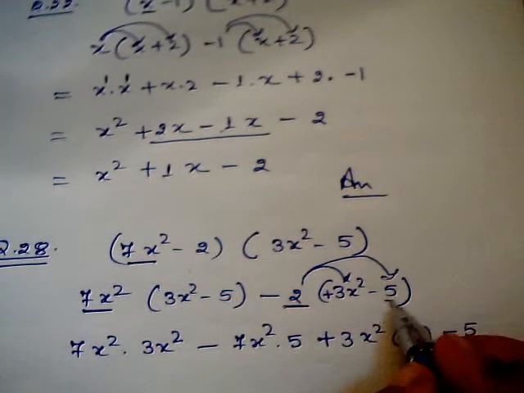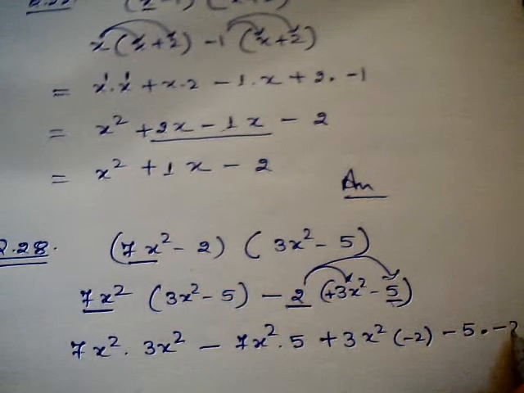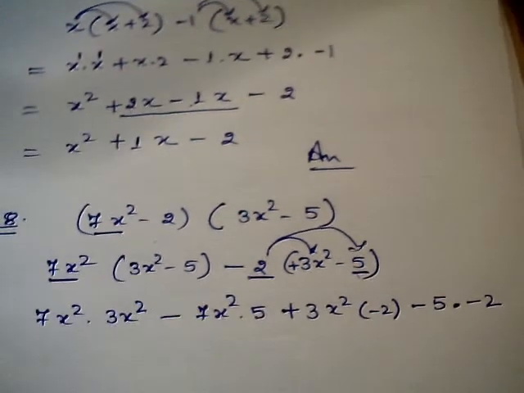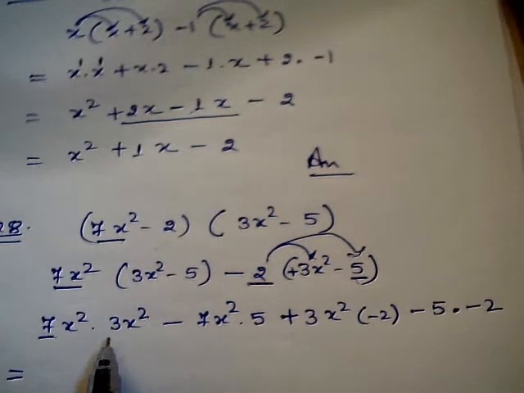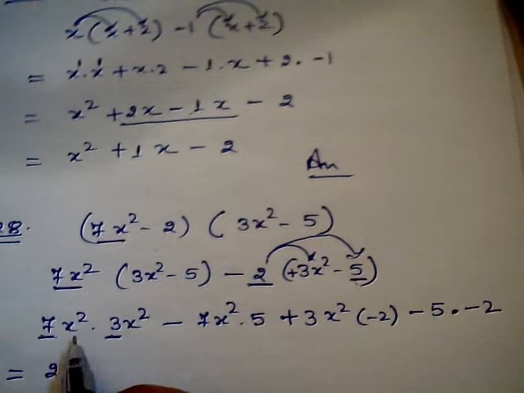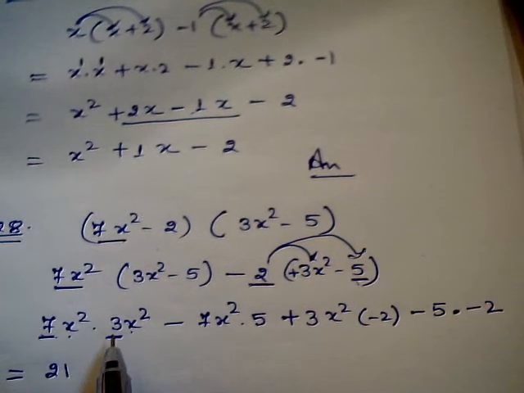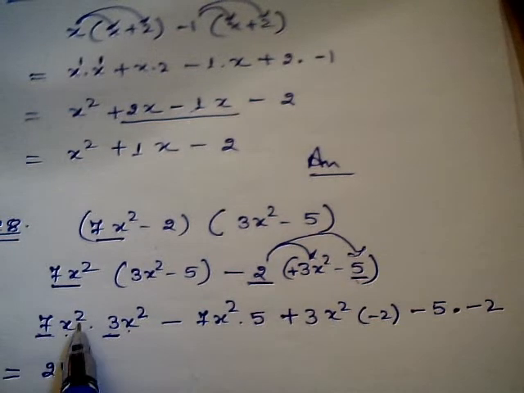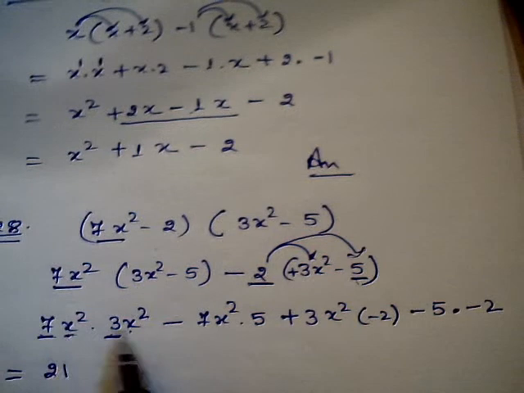Over here the numbers get multiplied, so 7 times 3, that's going to be 21. x square times x square: when the variables are getting multiplied, the power gets added if the base is the same, by the exponent property. So here x is the same base, the powers are 2 and 2, so that's going to be x to the power 4. Now here 5 times 7 is going to be 35, and x square.